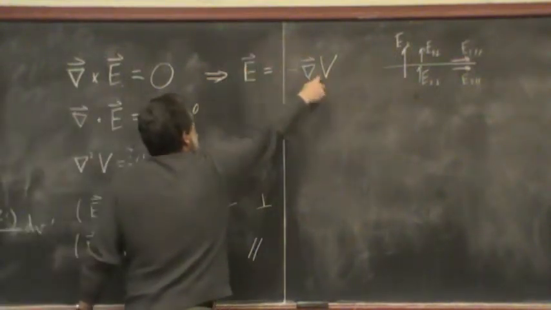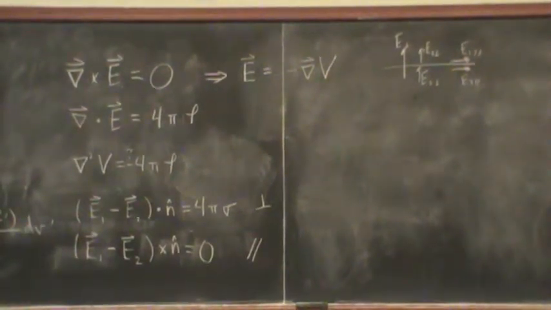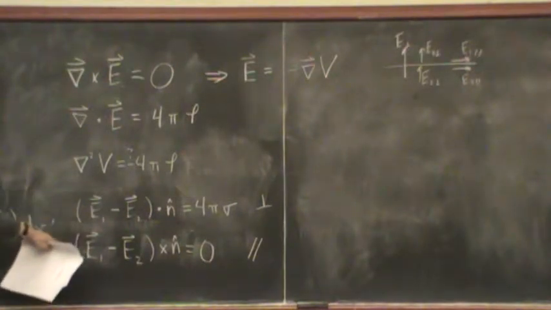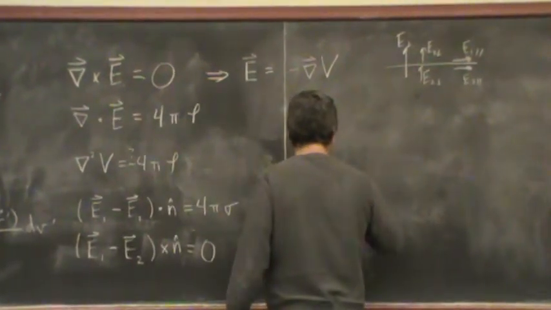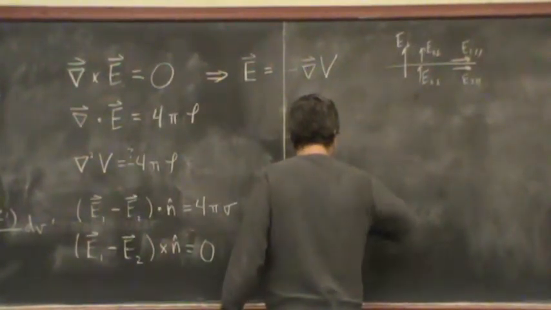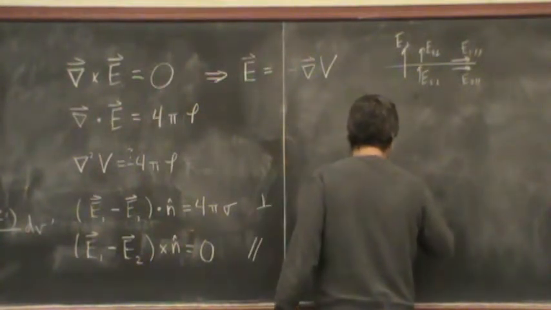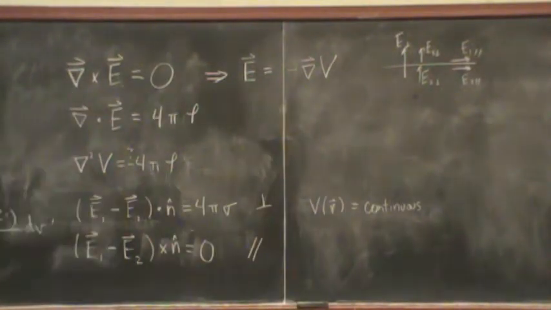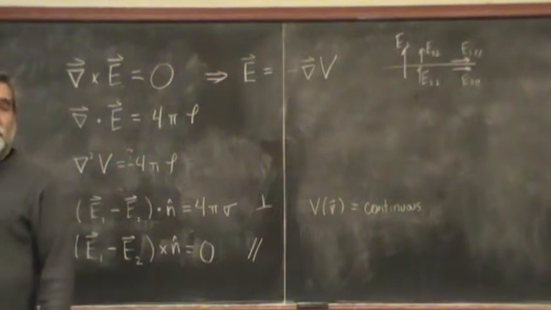This potential here has certain form and certain properties. The one that goes along with these that I've written here is that the potential is continuous. The electric field is not necessarily if there's surface charge, but even if I've got a sheet of surface charge, the potential is a continuous function of r, right?